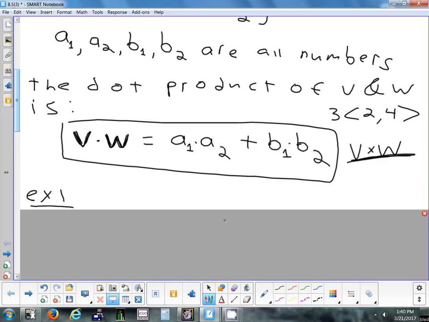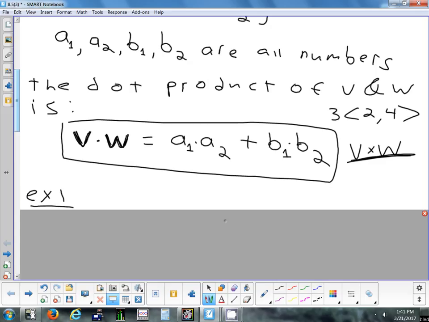Some people get confused with that. When you do the dot product, the answer that you get could be like 12, just a number. The important thing to understand is that when you do a dot product, the answer is not a vector. When you add vectors, you get a vector. When you subtract vectors, you get a vector.